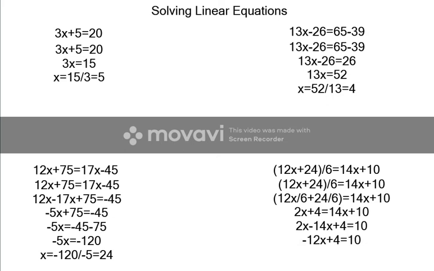And then we have negative 12x equals 6, because we're subtracting 4 on both sides.